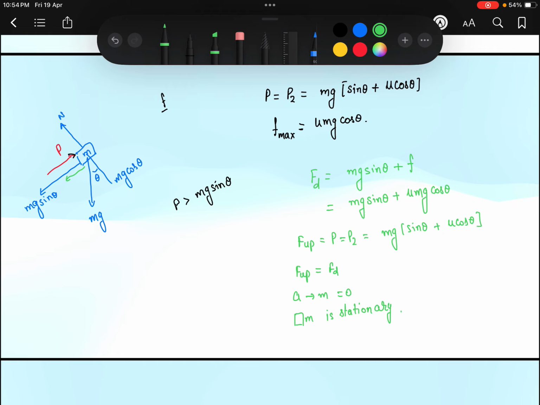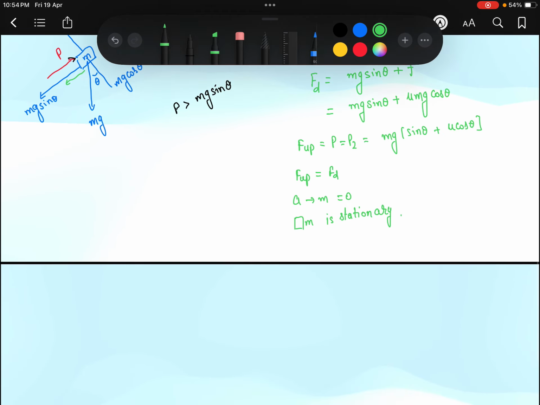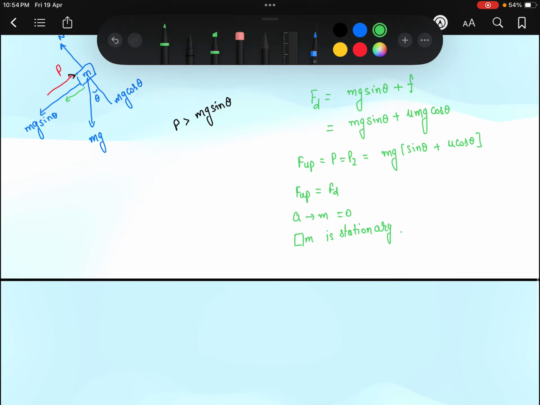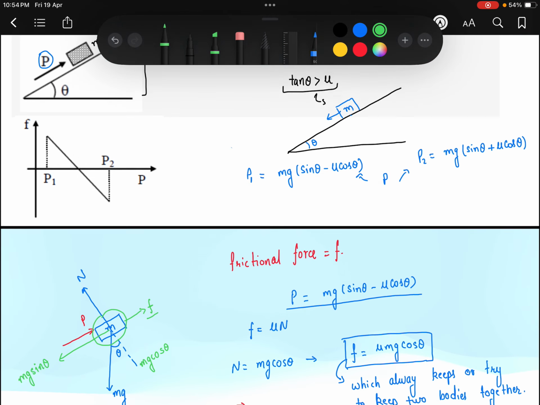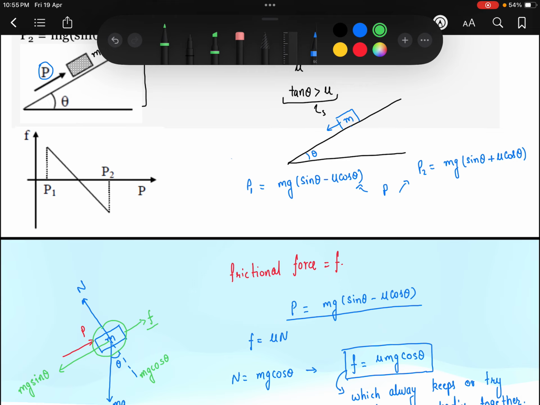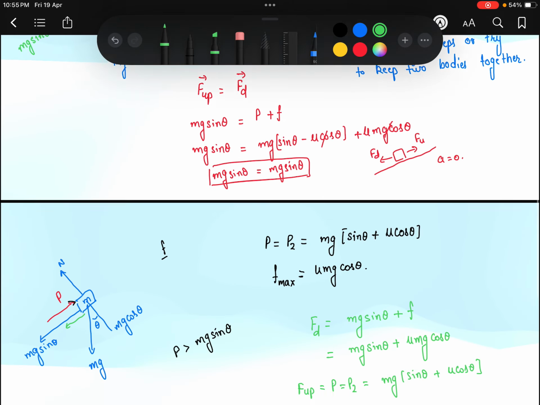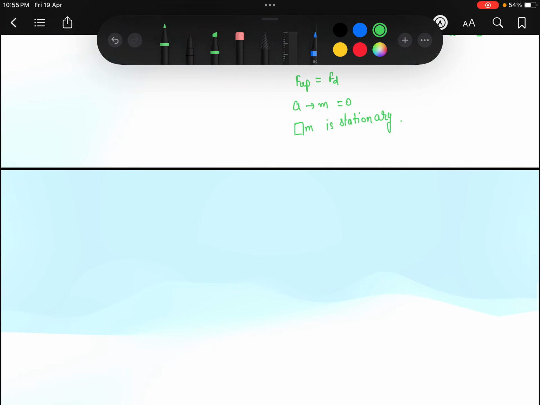Okay, so now we have to draw the graph between this frictional force and this applied force, right? So I have directly taken the answer from the given options. So let us draw here. This is our y-axis and this is our x-axis. In this axis, let us suppose frictional force we are taking, and here is the applied force.